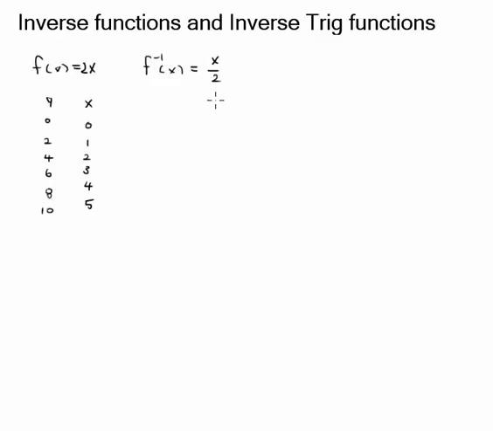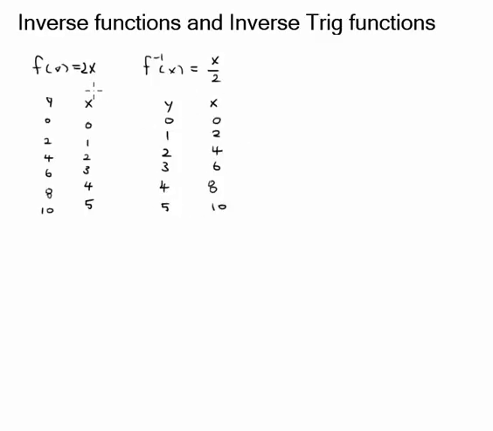Now, what about this one? If I set the x values to be the y values that are here, so 0, 2, 4, 6, 8, and 10, what are the y values? The y values are 0 divided by 2 is 0, 2 divided by 2 is 1, 4 divided by 2 is 2, 6 divided by 2 is 3, 4, and 5.